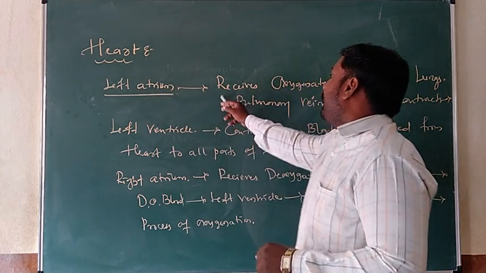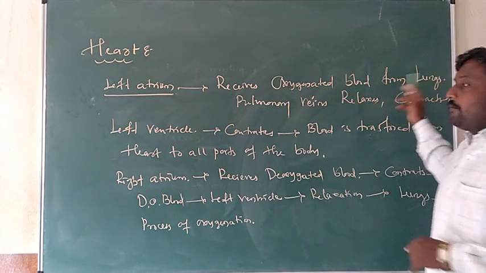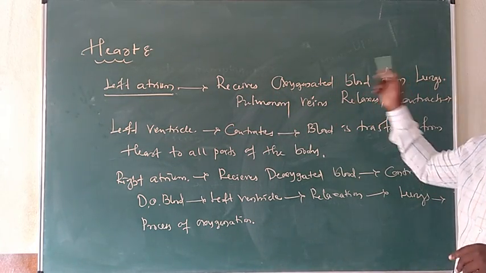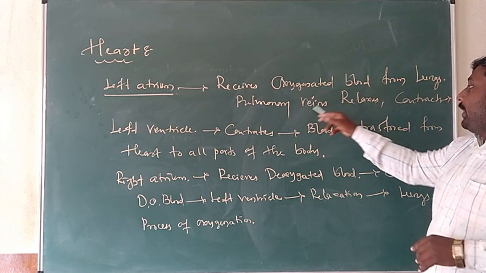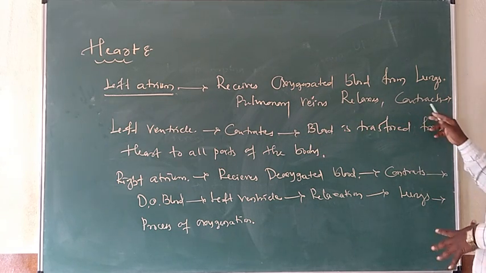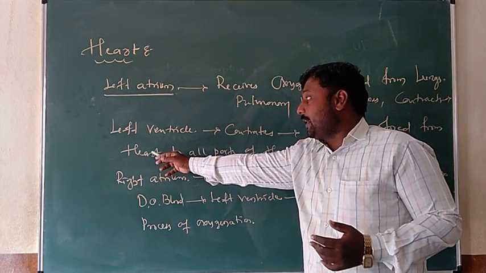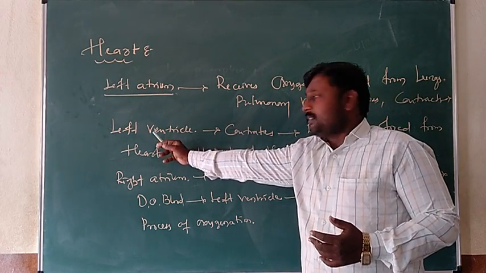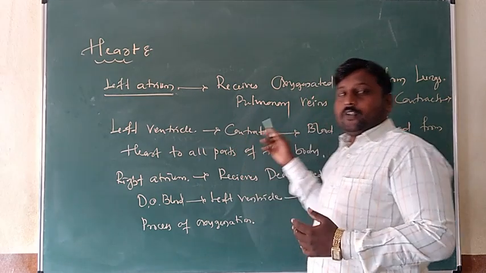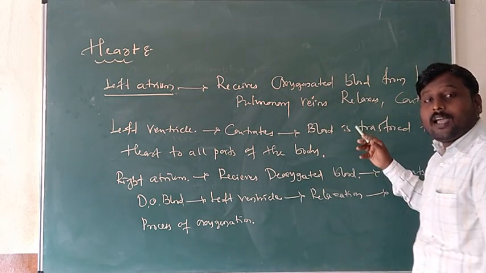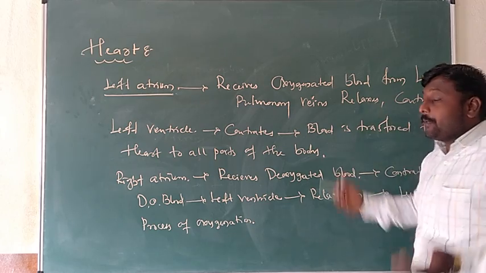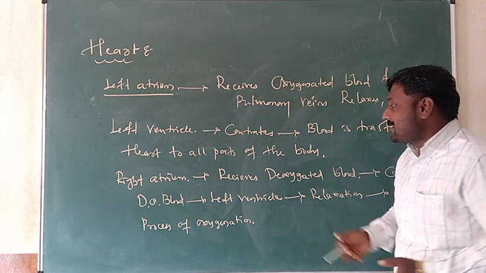At that time, it receives oxygenated blood from the lungs via the pulmonary veins. Next, it relaxes as well as contracts. So oxygen-rich blood enters the left ventricle. Then it contracts. What happened? The oxygenated blood is supplied to our entire body and all body cells.